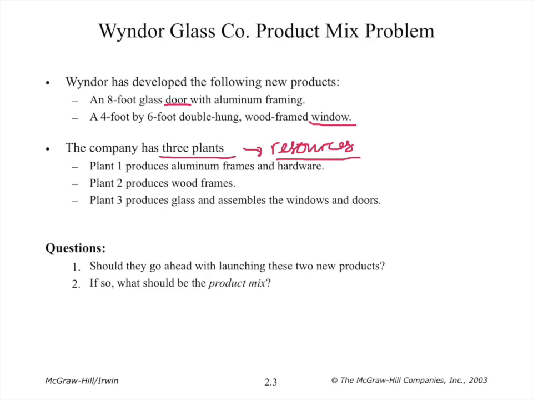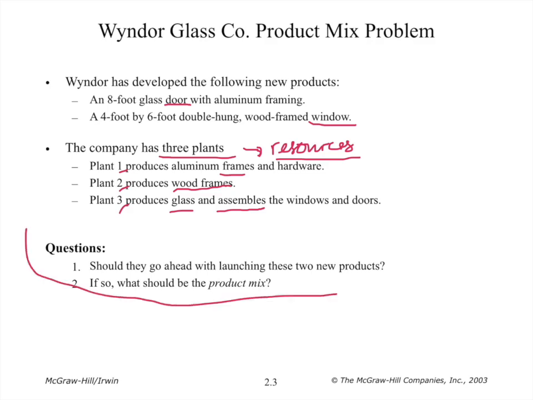They have plant 1, plant 2, and plant 3. Plant 1 produces the aluminum frame and hardware, plant 2 produces the wood frame, and plant 3 produces glass and assembles windows and doors.